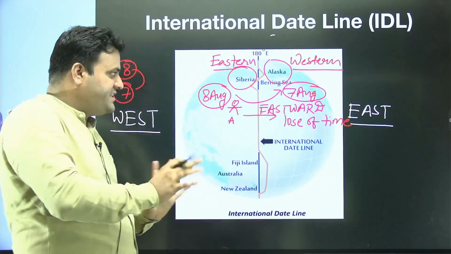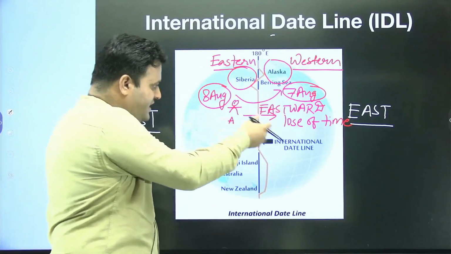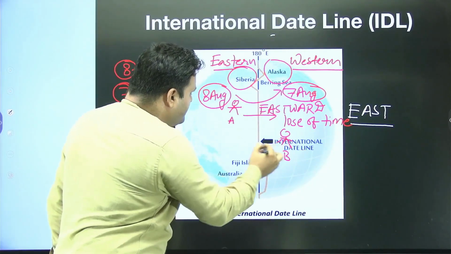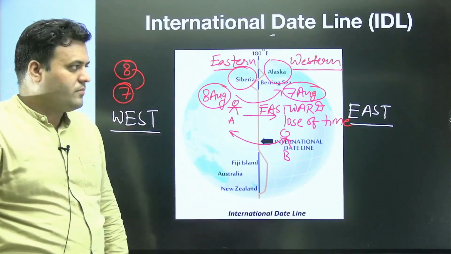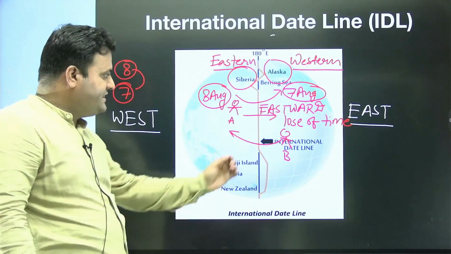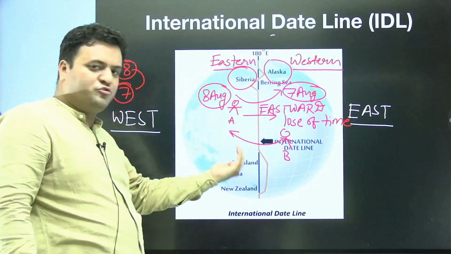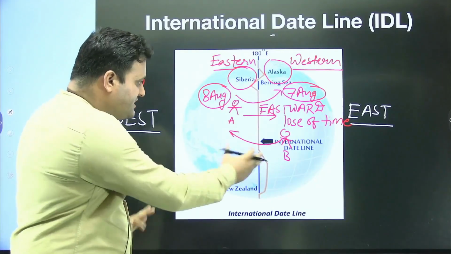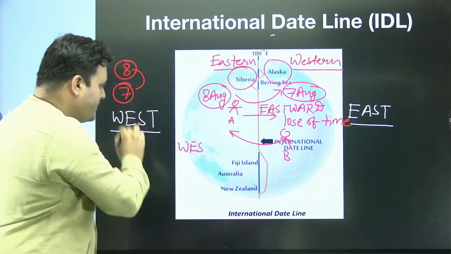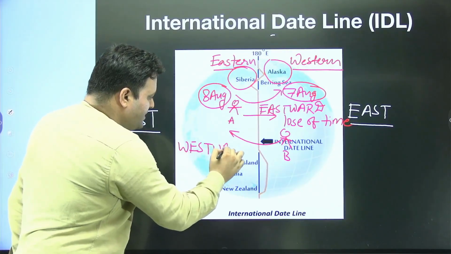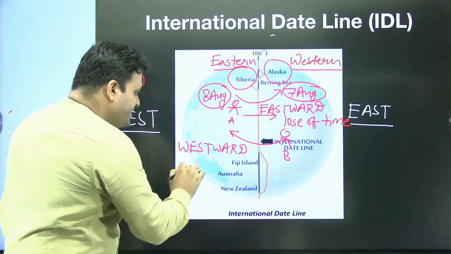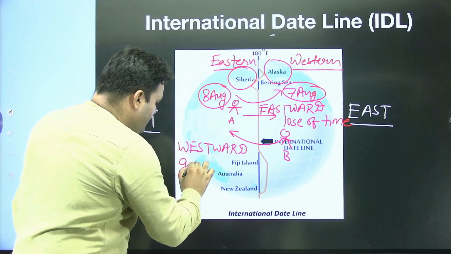Now if there is a reversal, if there is another person who is about to move from Alaska to Siberia, in this case, when the person is moving from Alaska to Siberia, you can see that there is a westward movement. So whenever we have westward movement, or if you cross the IDL while moving westward, as a result there will be a gain in time.